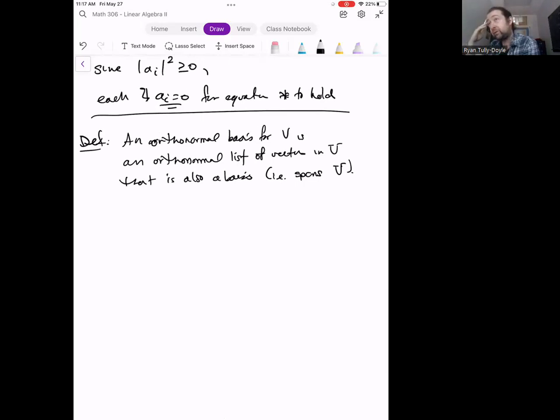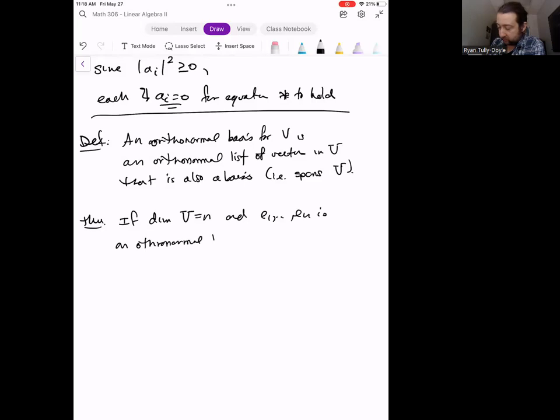Theorem: if the dimension of V is equal to n and E1 up to En is an orthonormal list in V, then E1 up to En is a basis for V. So in finite dimensional vector spaces, enough orthonormal vectors is automatically a basis without checking any conditions at all.